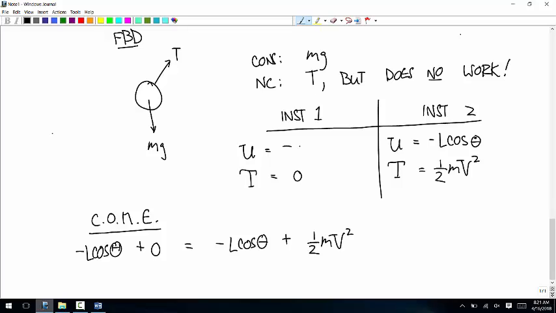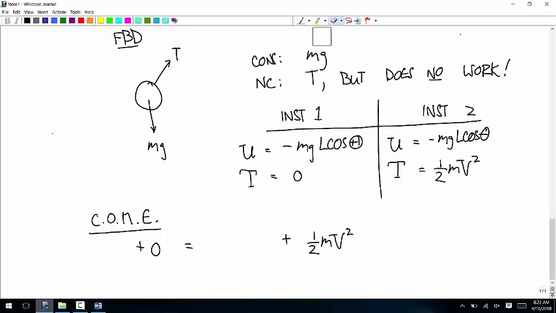So this should be negative mgl cosine capital theta, and the other one should be negative mgl cosine lowercase theta.